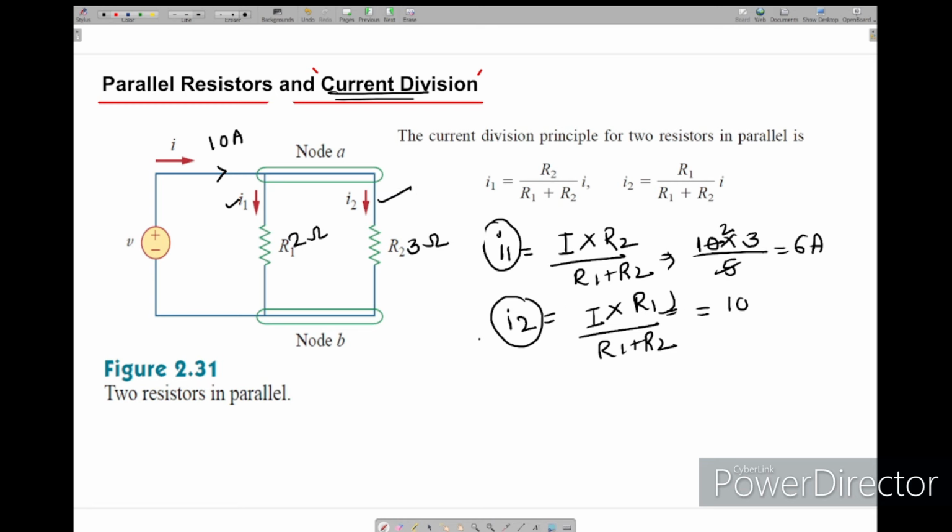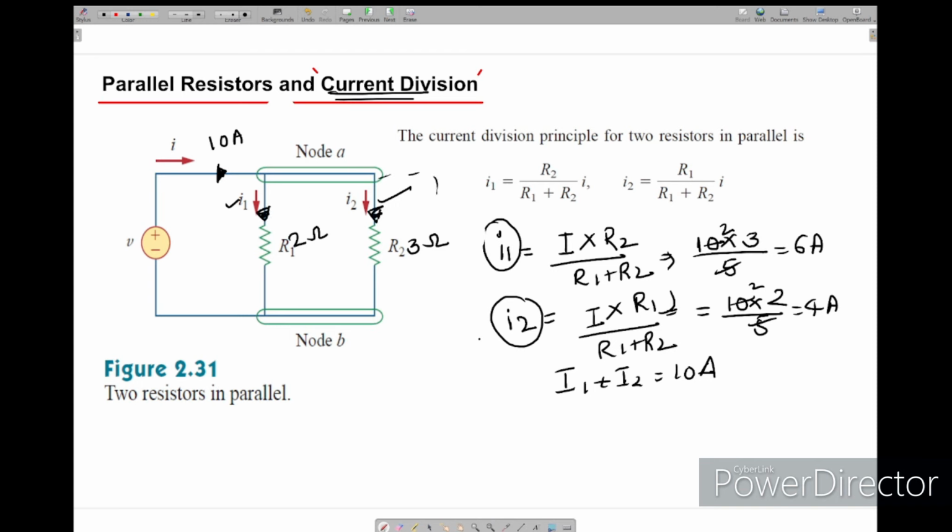So again total current times 2 ohms divided by 5, this is 4 amps. Again if you see, I1 plus I2 equals 10 amps. So what it means is the total current is the sum of these two currents.